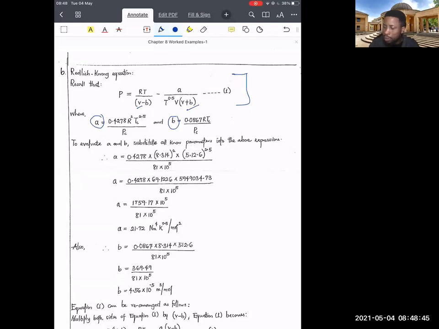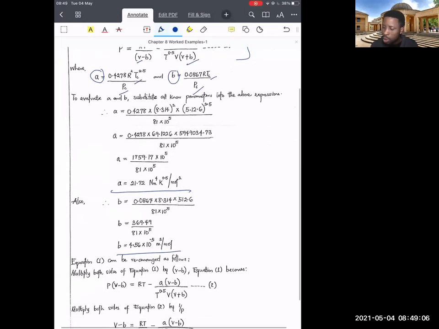We want to start from that because we already have the things needed to calculate A and B values. And those are the critical temperature TC and critical pressure PC. So we've got those ones. So if you plug those values in, we have our A value, we have our B value.